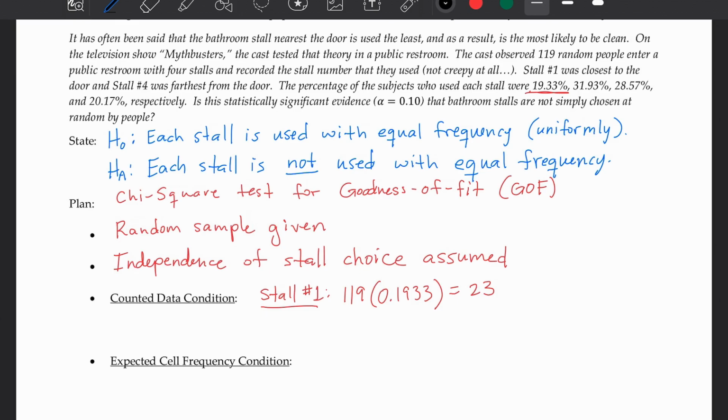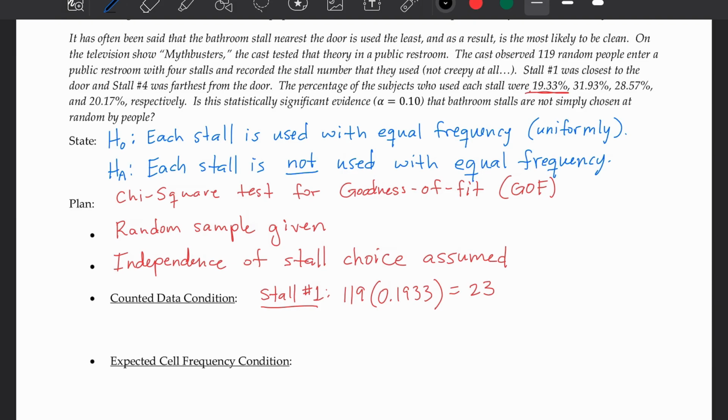For this next condition, expected cell frequency condition, just like in our previous sort of tests where we need samples that are large enough, or, there are some exceptions to that, it's similar here. We need the expected raw count for each particular cell or each particular category or subcategory within our categories to be 5 or larger for this test to work.